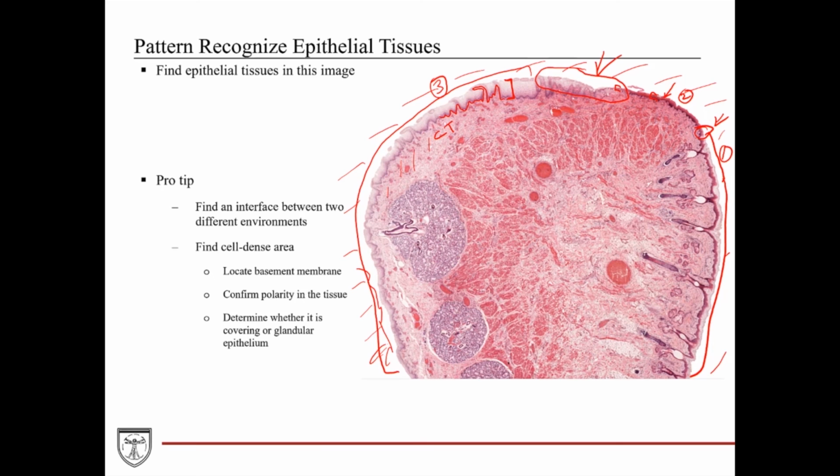And then we have this darkly staining area, which is probably because of all the basophilic nuclei that are crowded together. So I would assume that that's an epithelium in contact with connective tissue out here, and potentially a second environment in the middle, probably a lumen. So since this structure is embedded within the connective tissue, I would consider this epithelium belonging to a glandular epithelium.